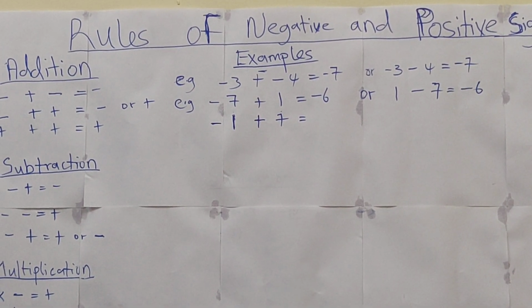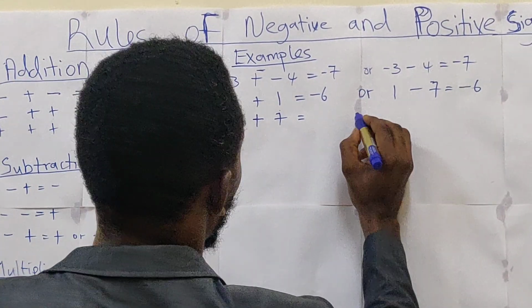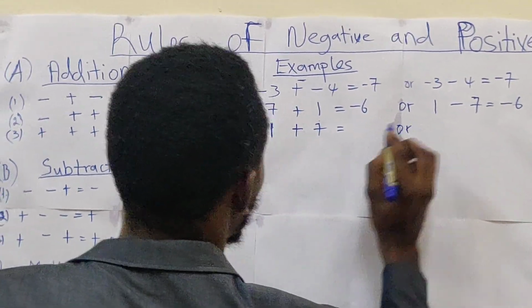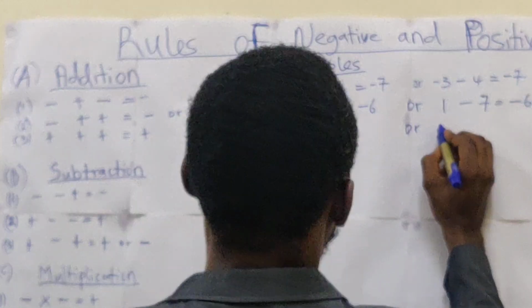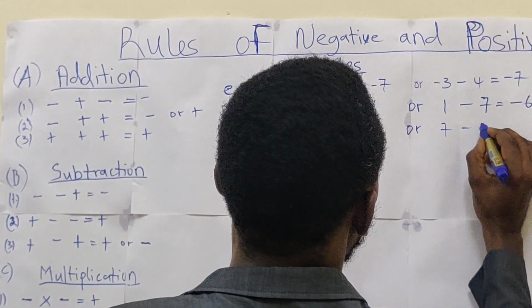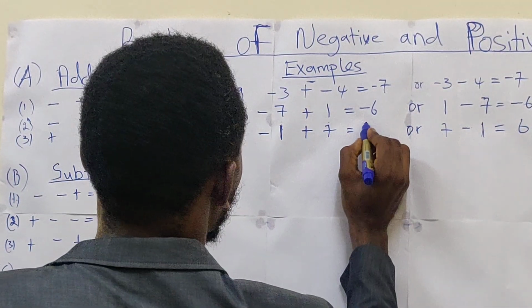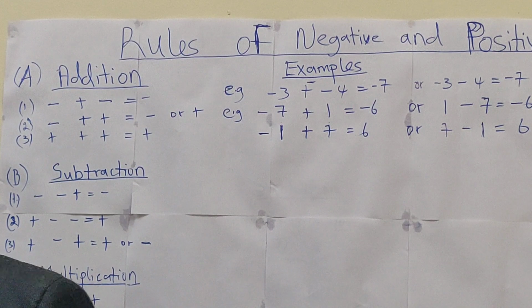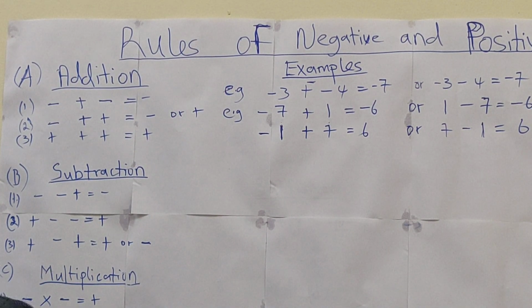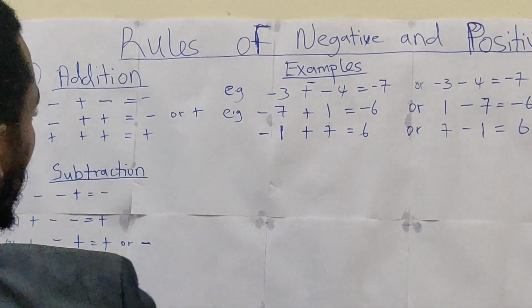Sorry for that. Negative 1 plus 7. This is the same as, you can still put it this way, 7 minus 1. This is equals to 6. So that is why I said this one can be negative or positive.